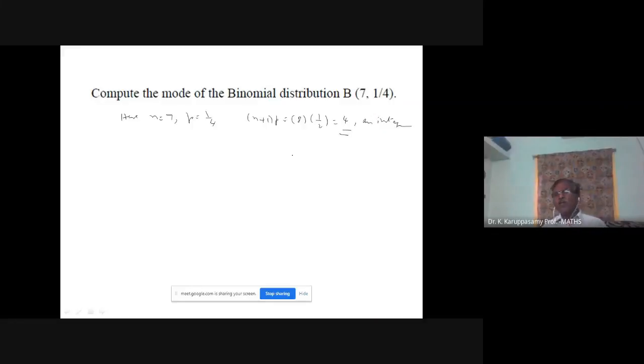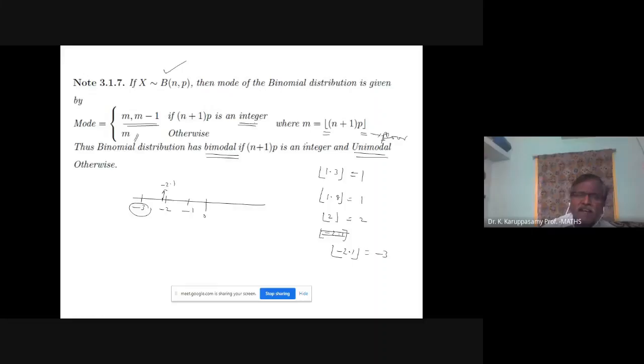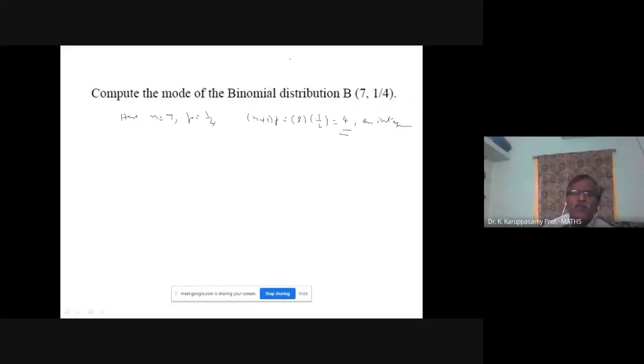If n plus 1 into p is an integer, then the mode is m and m minus 1. What is your m? Your m is floor of n plus 1 p. N plus 1 p is 4, and floor of 4 is 4.